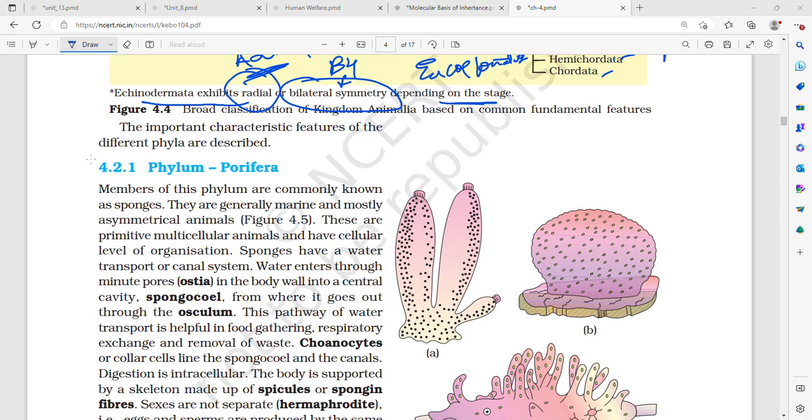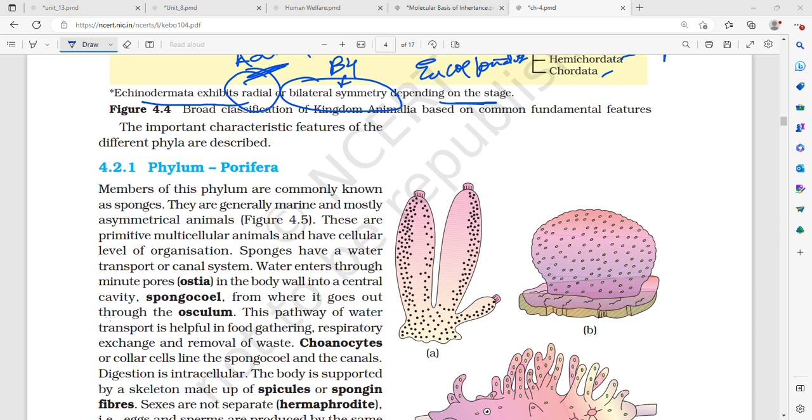Digestive system तो इसमें Porifera में नहीं था. Then Coelenterata और Cnidaria में there is incomplete digestive system. Ctenophora incomplete digestive system. Platyhelminthes incomplete digestive system. That is only one opening for both mouth and anus. From Aschelminthes till Hemichordata, complete digestive system is there. Then circulatory system not present till Aschelminthes.